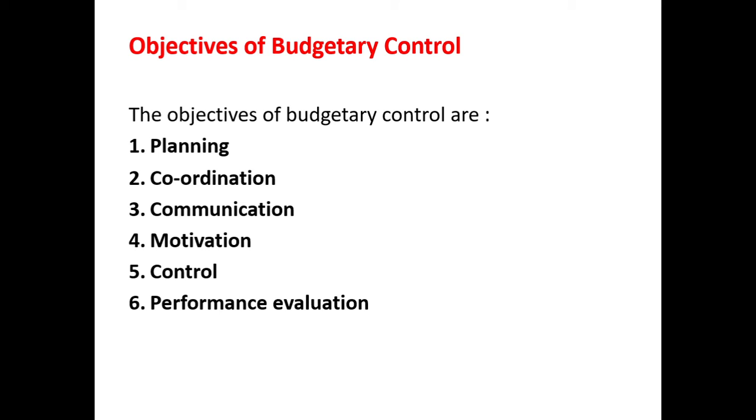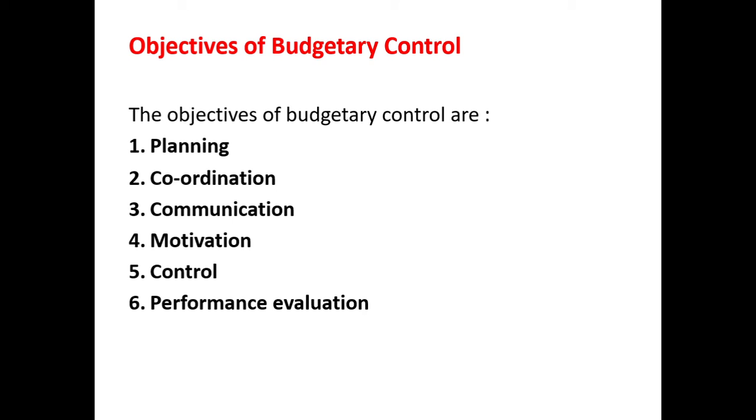Next, motivation. A budget is a useful device for motivating managers to perform in line with the company's objectives. If individuals have actively participated in the preparation of budgets, it acts as a strong motivation to achieve the company's objectives.